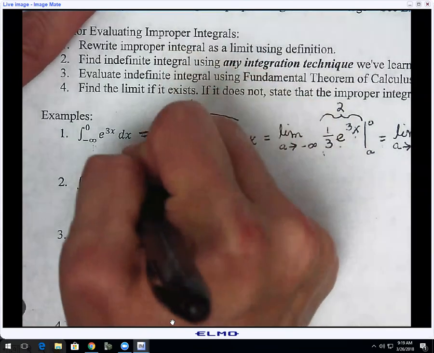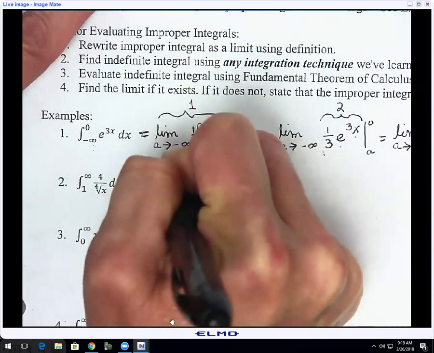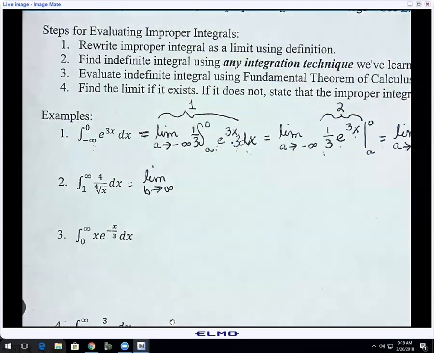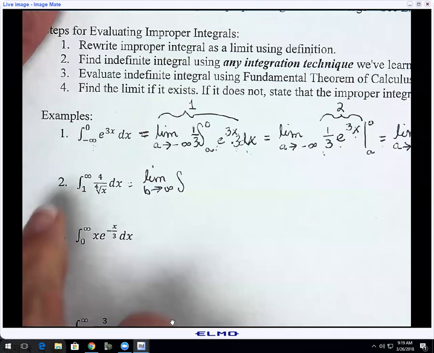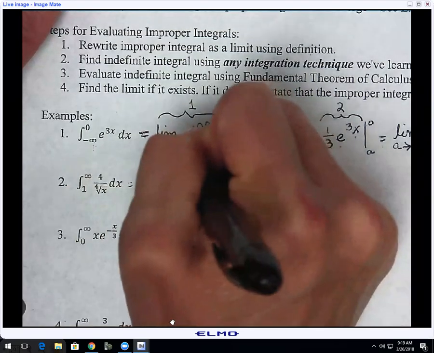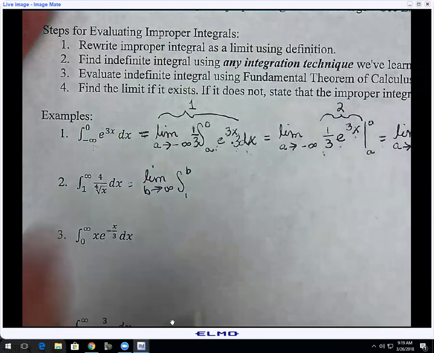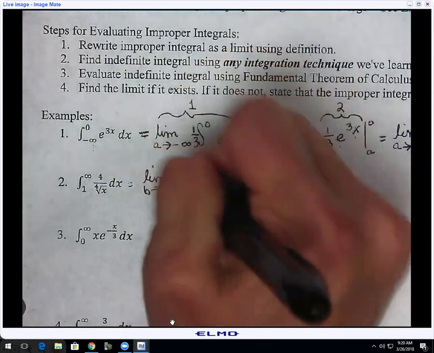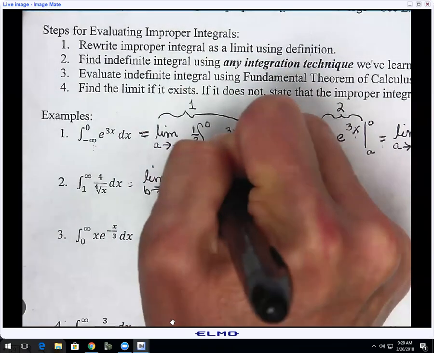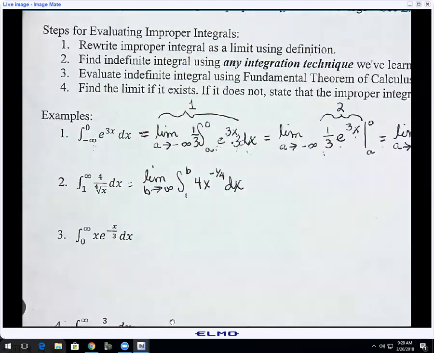So we're going to write it as limit as b goes to infinity of the integral, not from 1 to infinity, but from 1 to b. And I'm going to go ahead and write that integrand in a way that will be most easy for me to integrate it. I write it as 4x to the negative 1/4 dx.